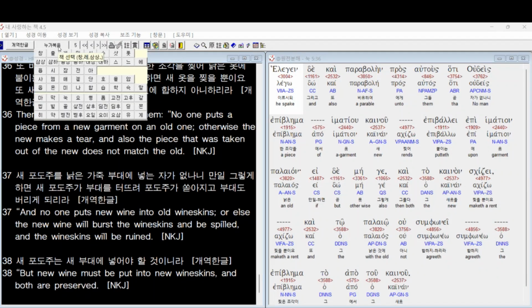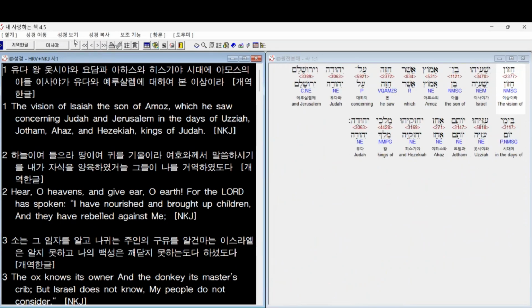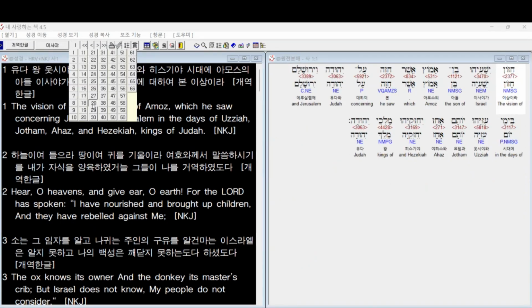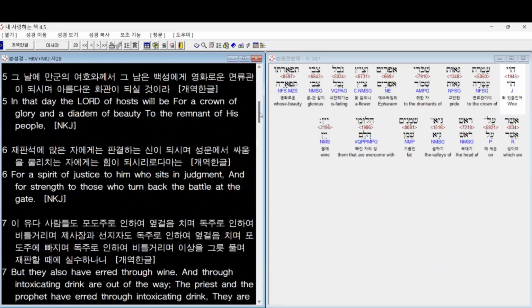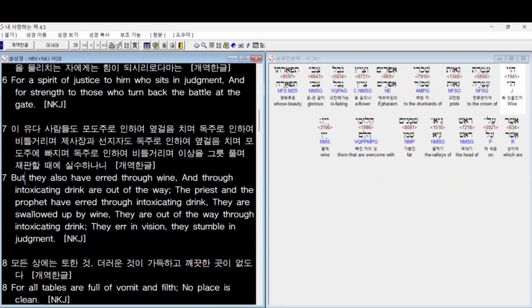Until the fifth day, we were nothing but drinking from that wine, drinking from that knowledge. Then hearing the mouth of beast, mouth of dragon, mouth of the false prophet, right? So we go to Isaiah chapter 28. They also have erred through wine and through intoxicating drink.